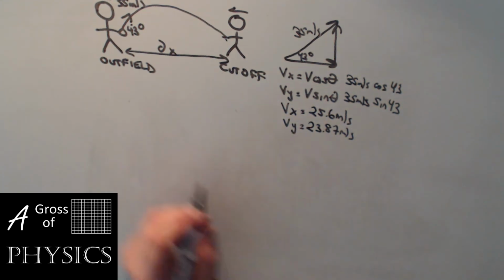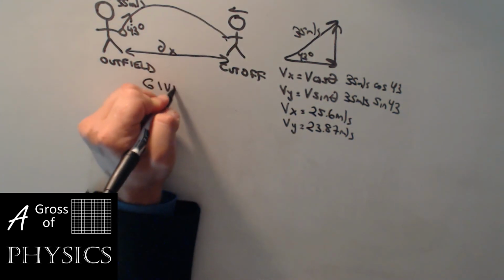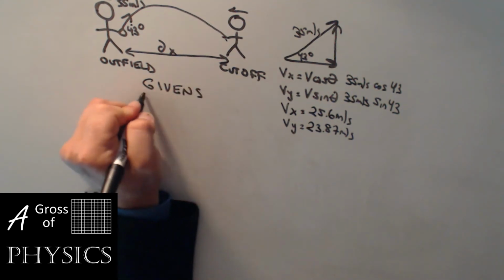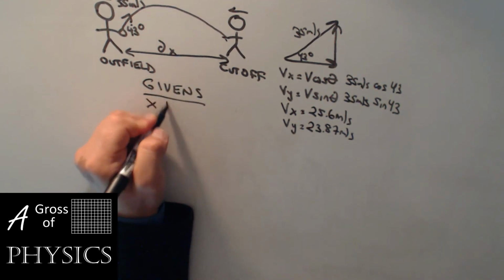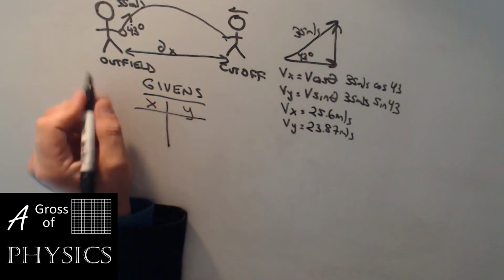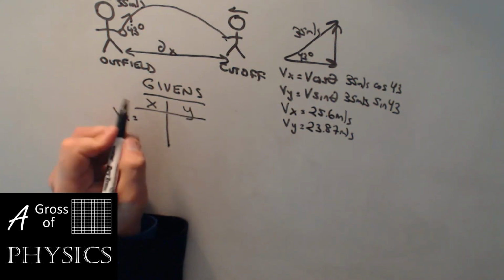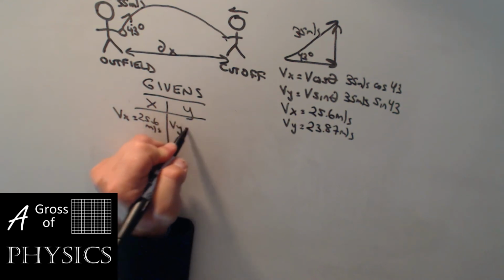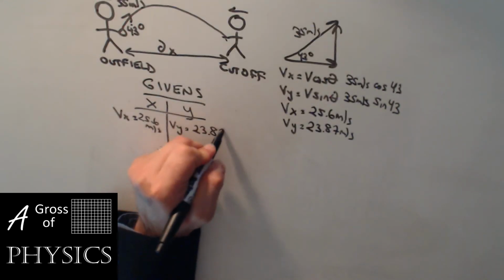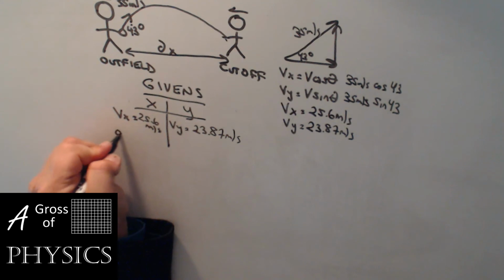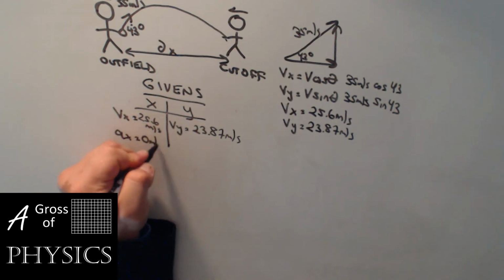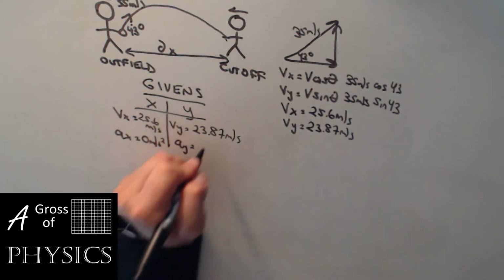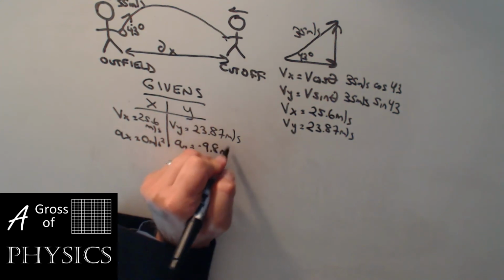Now, as always, that becomes the initial velocities for our givens list. So Vx, 25.6 meters per second, Vy, 23.87 meters per second. Ax is still 0. Ay is still negative 9.8 meters per second squared.